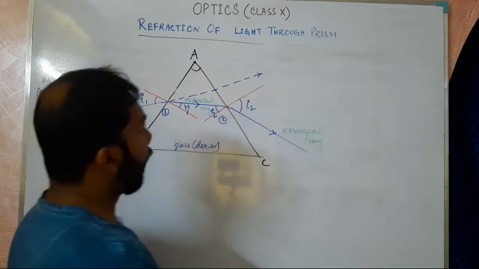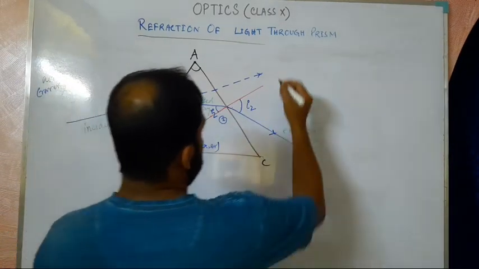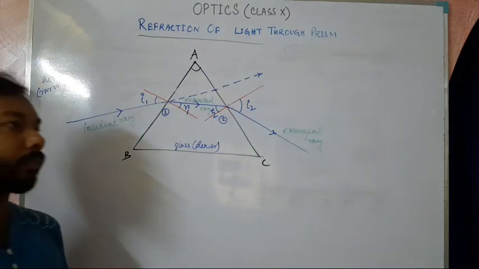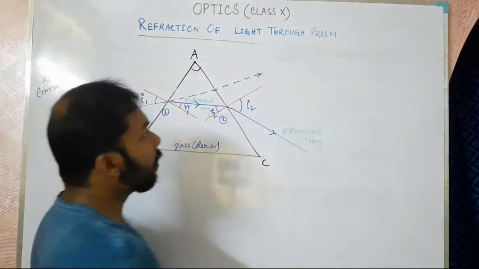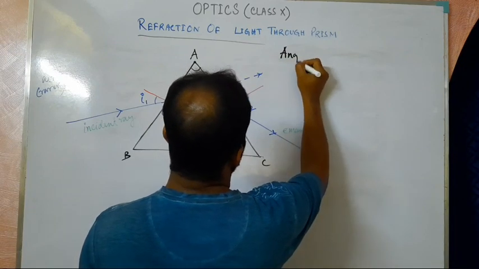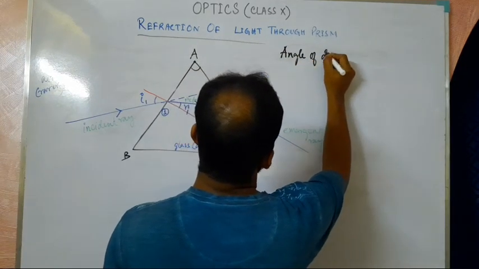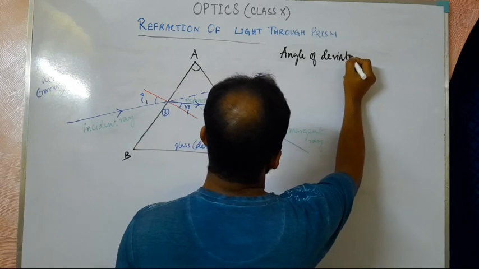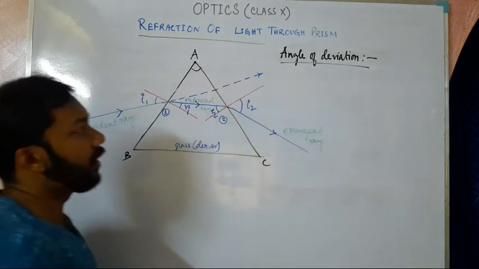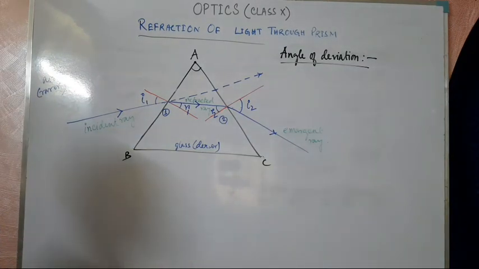Now what do we mean by deviation? Deviation is actually named angular deviation, so we can also write it as angle of deviation. Angular deviation or angle of deviation, what does it mean?